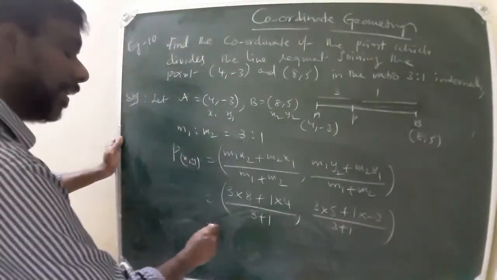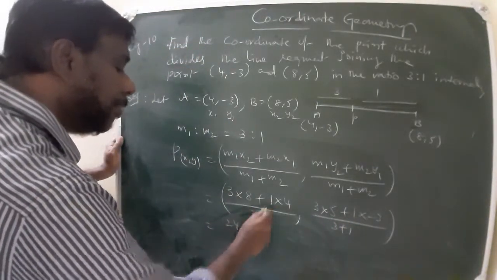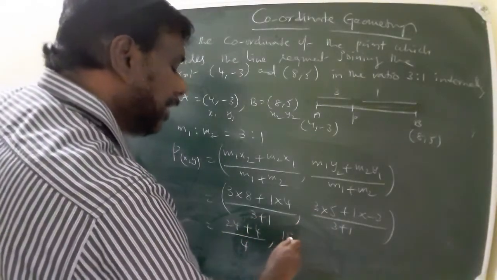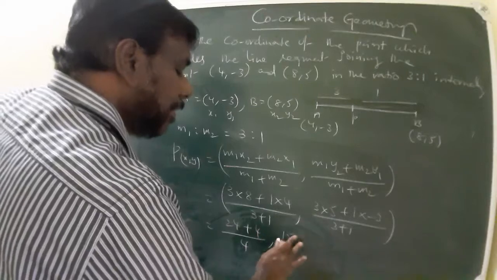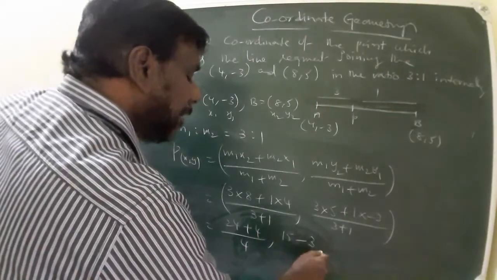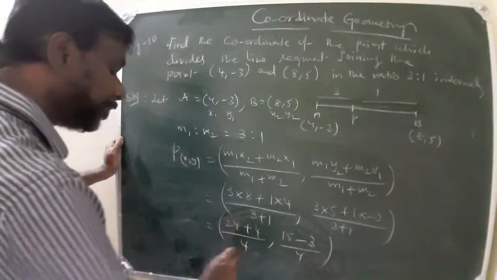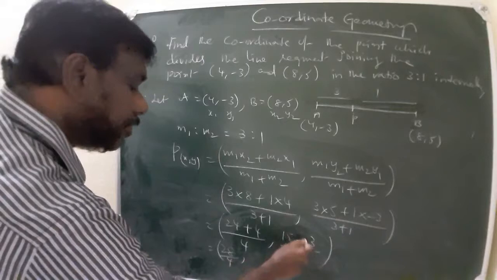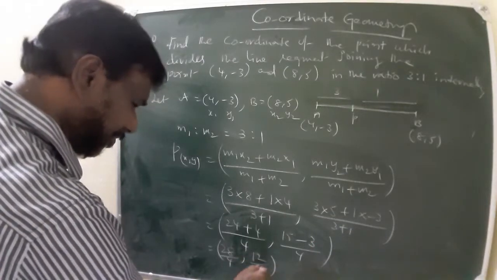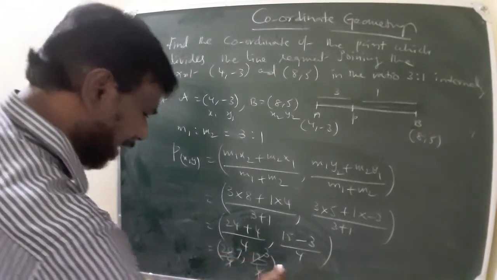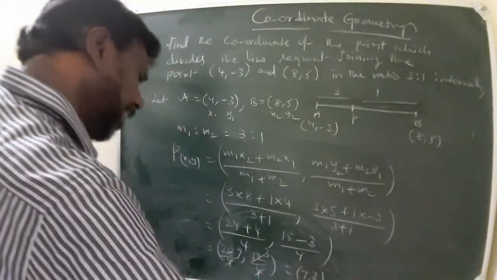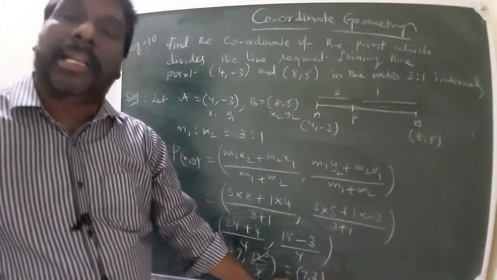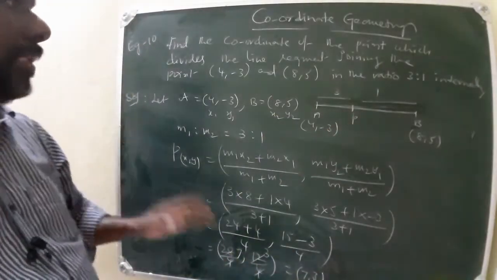So 3 eights are 24 plus 4, over 4, and 3 fives are 15 minus 3, over 4. That is 28 by 4 and 12 by 4. Seven times and 3 times, that is (7, 3). So the internally dividing point we are getting is (7, 3). Like that you have to do this problem.